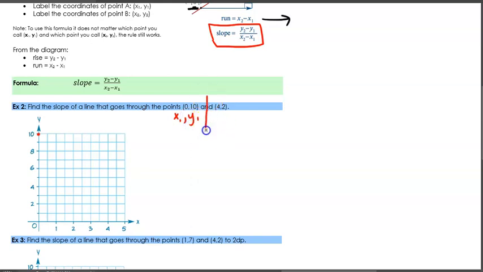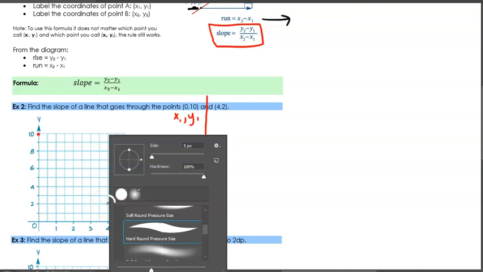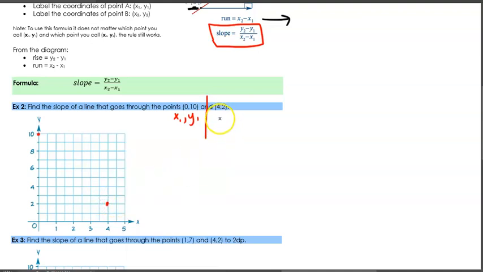I'm just going to put a line in the middle there to show that the next one is going to be x2, y2, (4, 2). So when x is equal to 4, here, y is equal to 2, which is that point there. So that there is x2, y2.